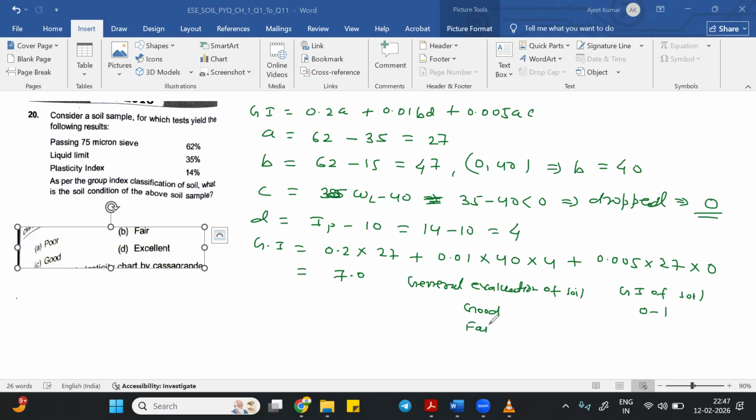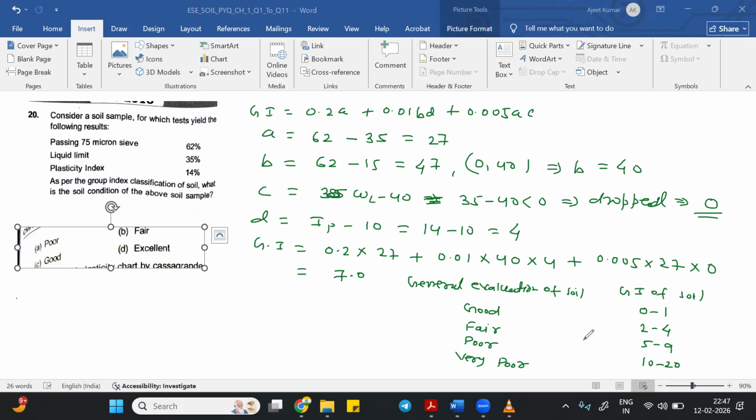If it is fair, then the group index ranges from 2 to 4. And if it is poor, then the group index ranges from 5 to 9. And if it is very poor, then it ranges from 10 to 20.